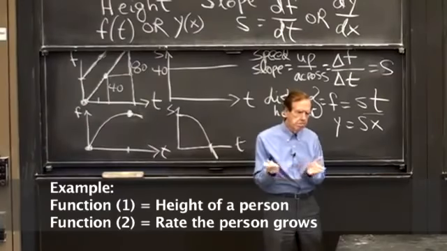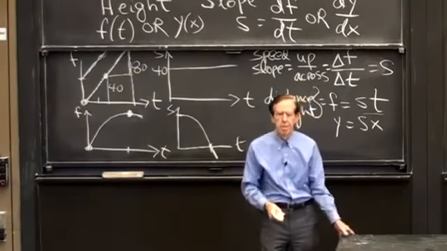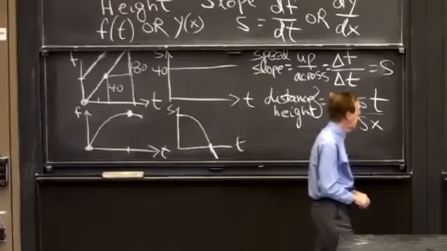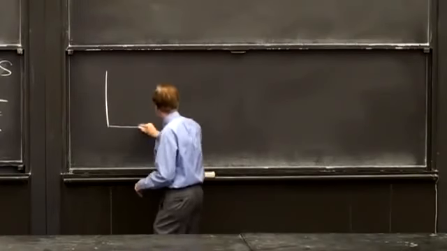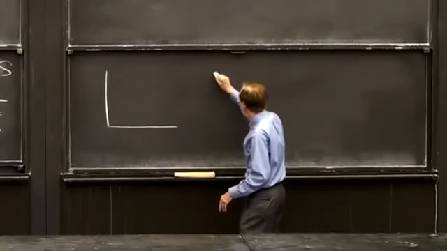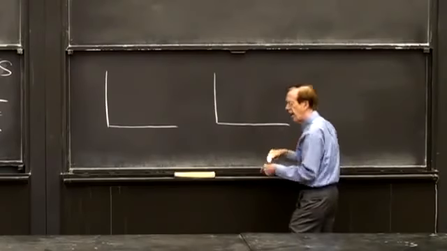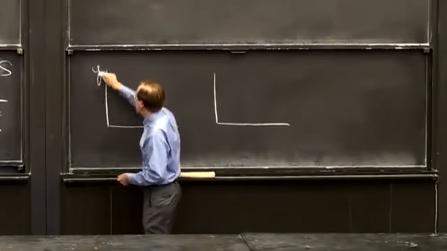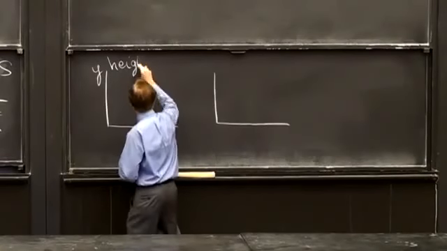What could I take? Maybe the height of a person. Okay, so this is now another example, just to get practice in the relation between the height of a person and the rate of change of the height. So this is the height. Maybe I'll call it y, but let me write height of a person.